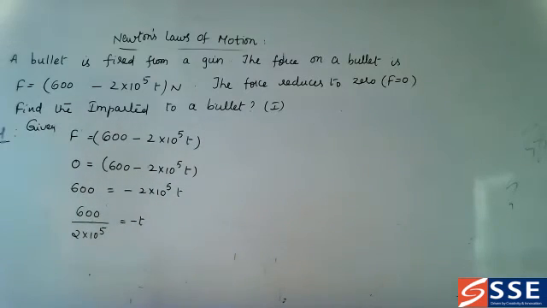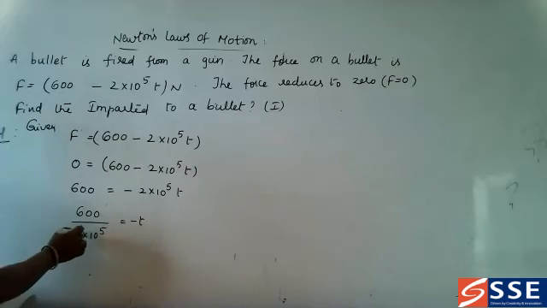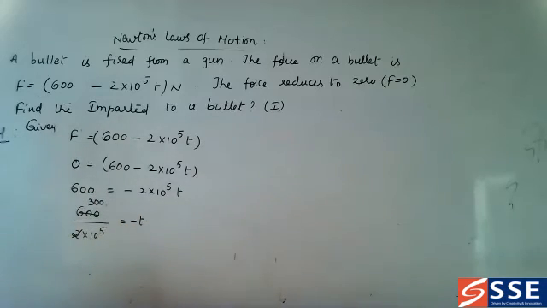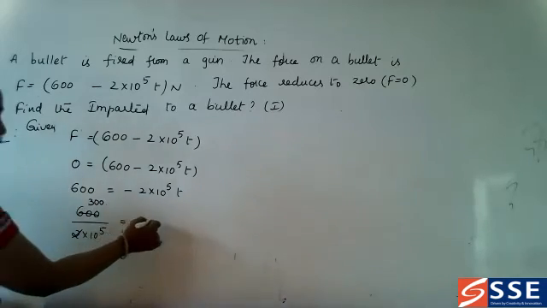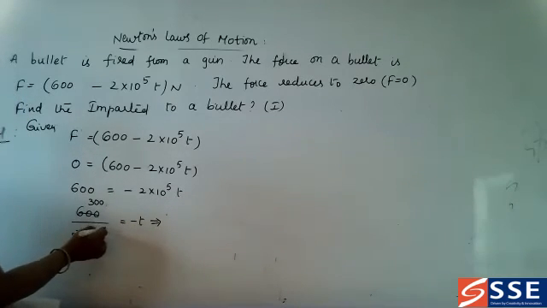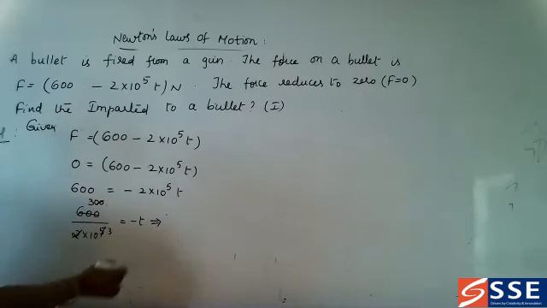What is the value of t when you cancel this? 300. So 300, and 2 zeros also we can cancel here. So here it goes to 10 power minus 3.